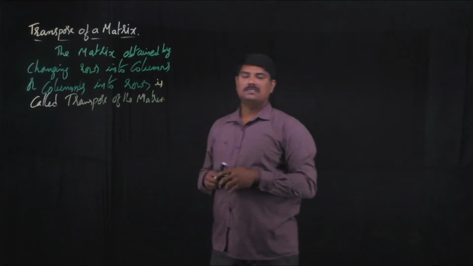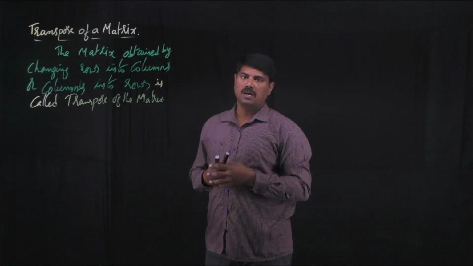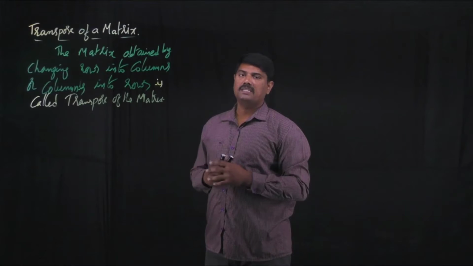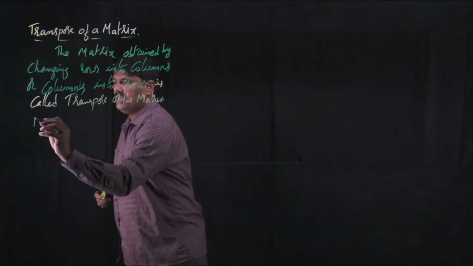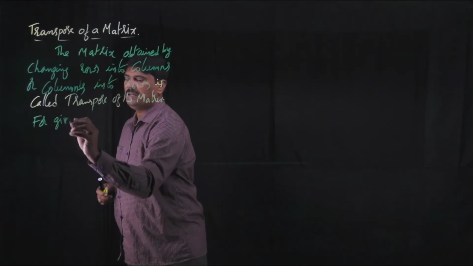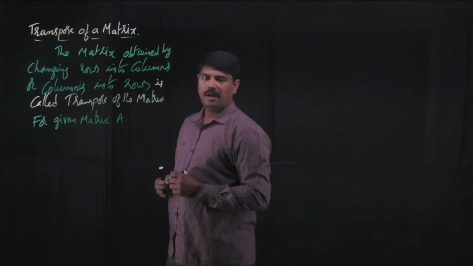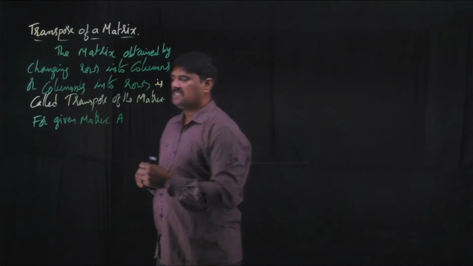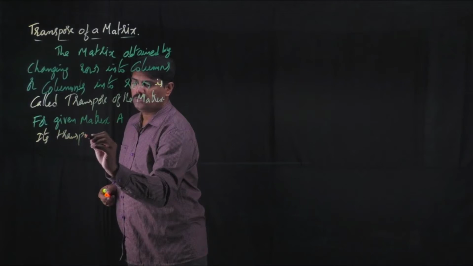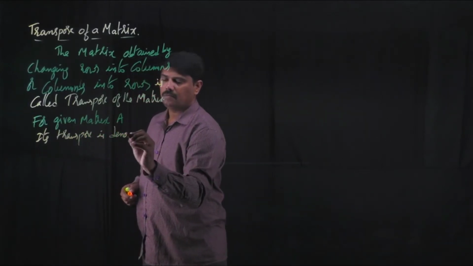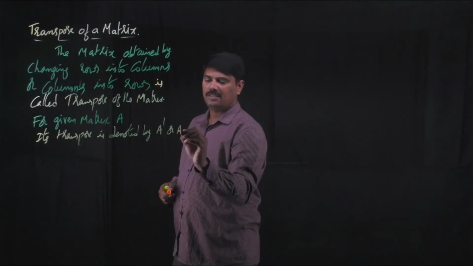For a given matrix, by changing rows into columns and columns into rows, the matrix obtained is said to be the transpose of the matrix. For a given matrix A, its transpose is denoted by A dash, or you can write it as A transpose.